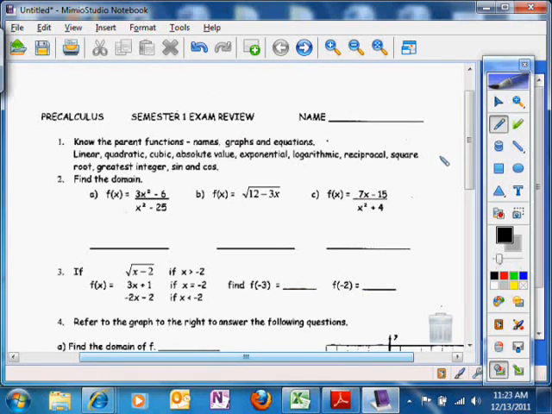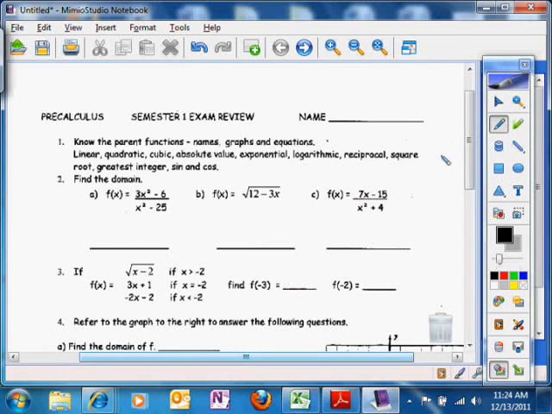If you have a problem like A or C, you have fractions, so you look at the restrictions on the domain. The restrictions are going to be where the denominator is equal to 0, because in a fraction we cannot have 0 as the denominator. So you would set each denominator equal to 0, solve for x, and that will tell you where your domain is restricted or where it does not exist.